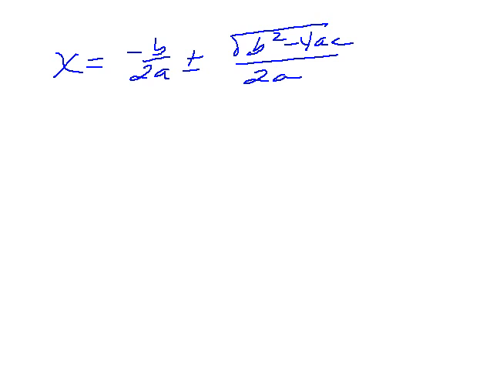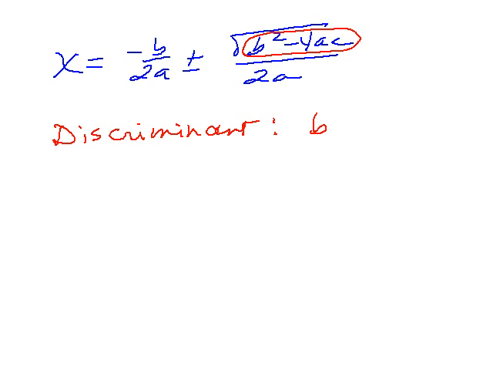The type of roots that you get is totally determined by this term that's under the square root sign. You don't need the square root sign, all you need is the term underneath it. It has a name, it's called the discriminant. And it's b squared minus 4ac.